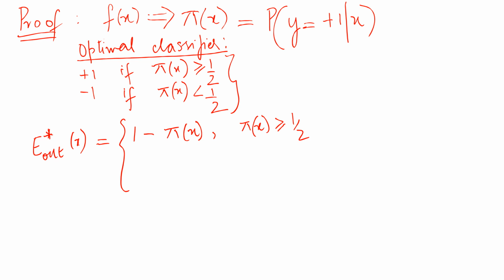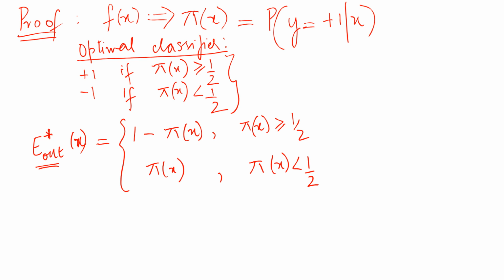That's my probability of error. But it could also be pi of x if pi of x is less than half. You say -1, and with probability pi of x it's going to be +1. So this is what my probability of error is going to be.